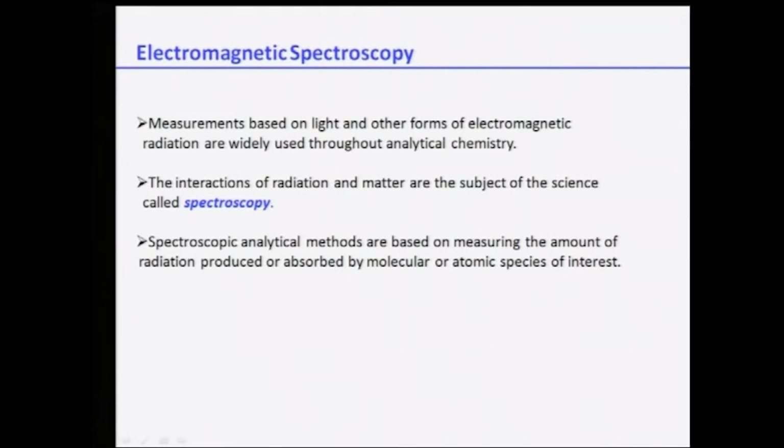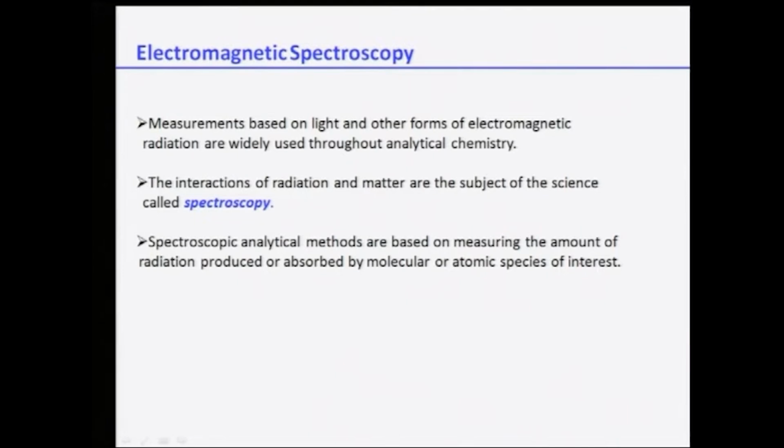At a very rudimentary level, spectroscopy is nothing but interaction of radiations like light, X-ray, gamma ray, or any other part of the electromagnetic radiation with the material, and we analyze whatever comes out after the interaction.